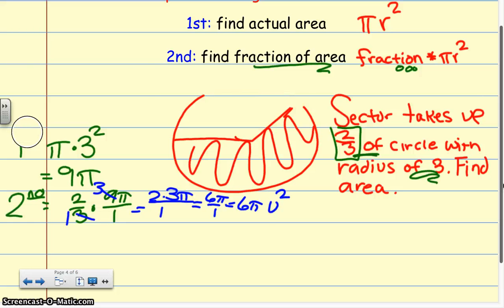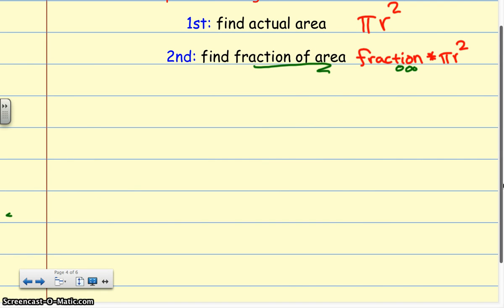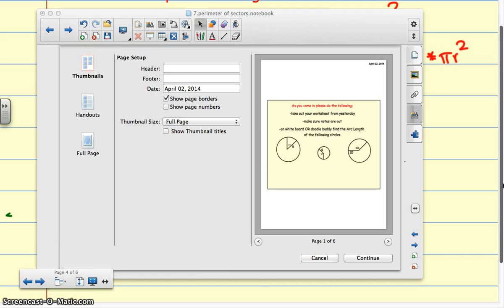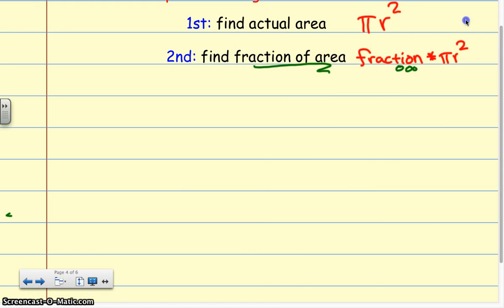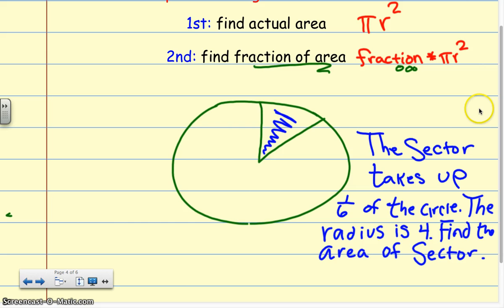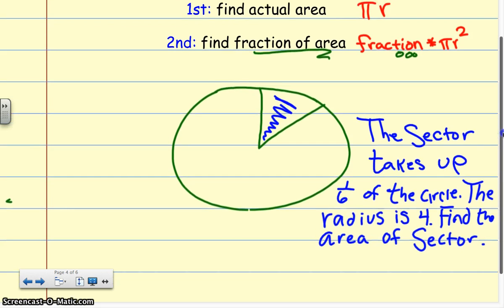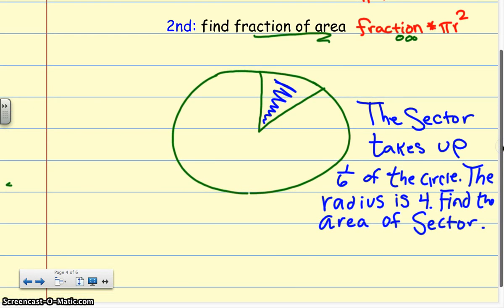Okay, I'm going to do one more example. Alright, with this last example, the sector that we are looking at takes up a 1/6 of the circle. The radius is 4.